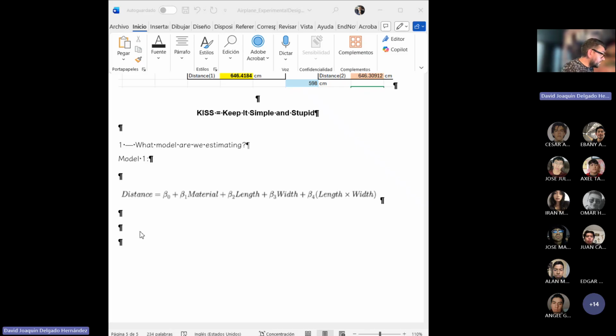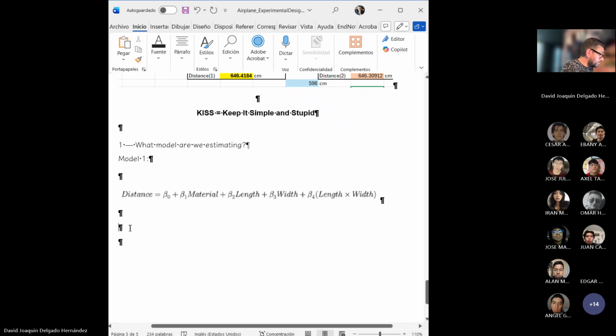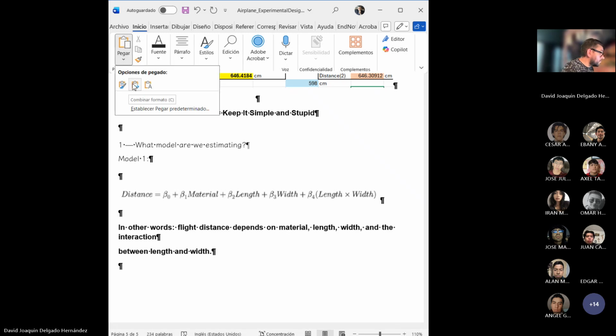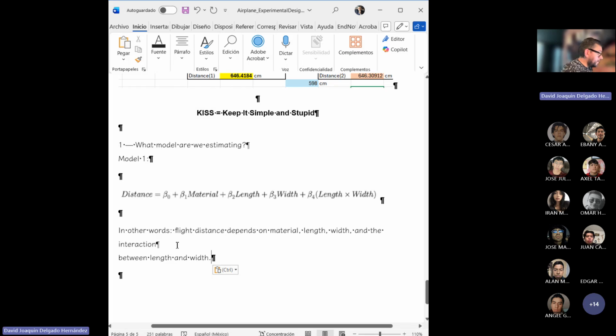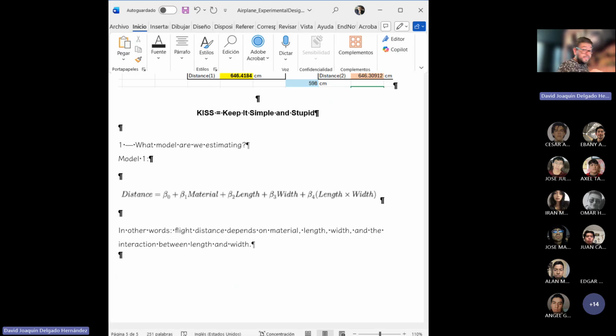So in other words, the flight distance depends on material, length, width, and the interaction between length and width. This is the meaning of this formula that we are trying to establish.